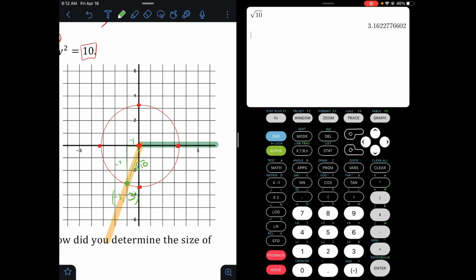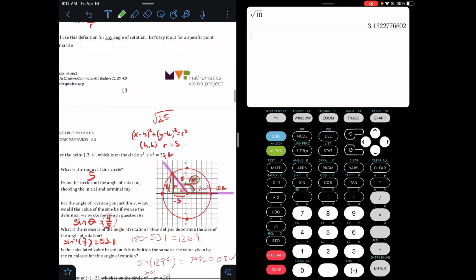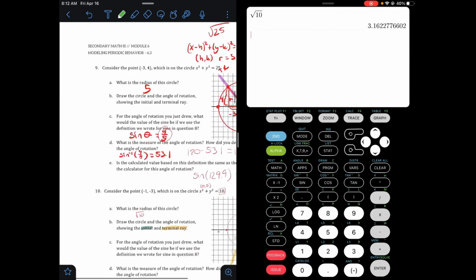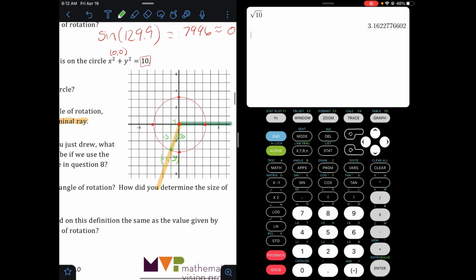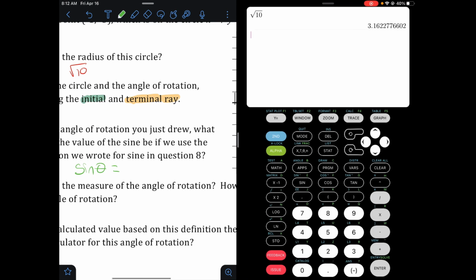If we look back at our definition, we said y over r. So sine of theta equals y, which is -3, over our r, which is root 10.